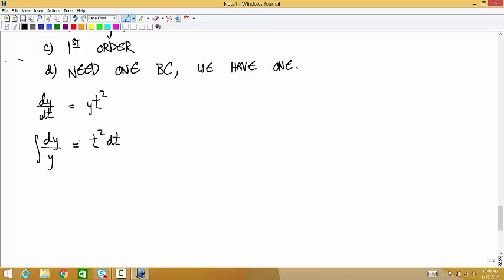And now we'll integrate both sides, and we get natural log of the absolute value of y is equal to the integral of t squared, which is t cubed over 3. Each of these two integrals has a constant. You could call them C1 and C2, right? They're arbitrary. So you can add them both together and lump it into one arbitrary constant of integration called C. Now we have to solve this thing.